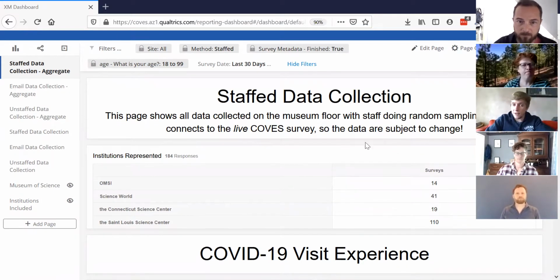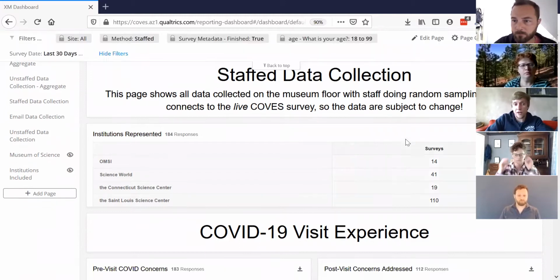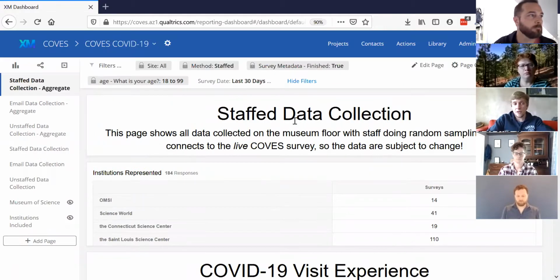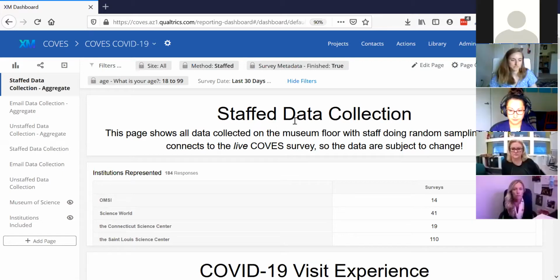A nice thing that I can do if there's no data filters turned on is you can see the institutions that are represented. So this is the staffed data collection page. As you have probably seen in our communications, we have different methods of data collection to adapt to COVID right now: our regular old staff data collection done socially distanced, or emailing, or unstaffed.